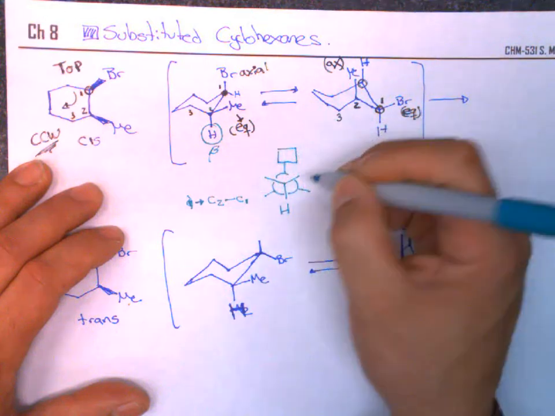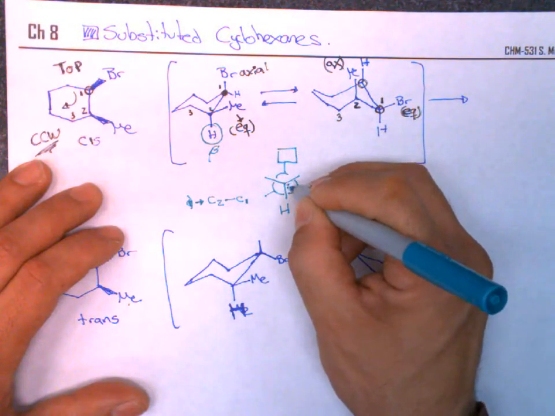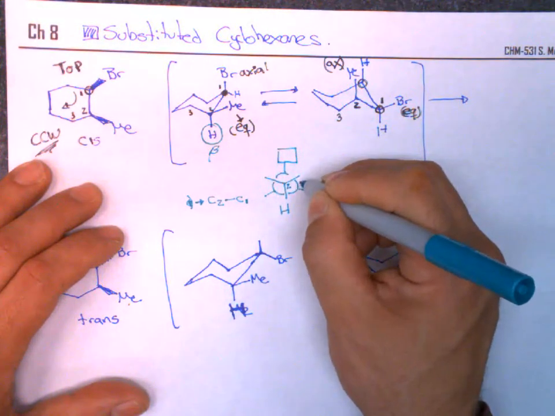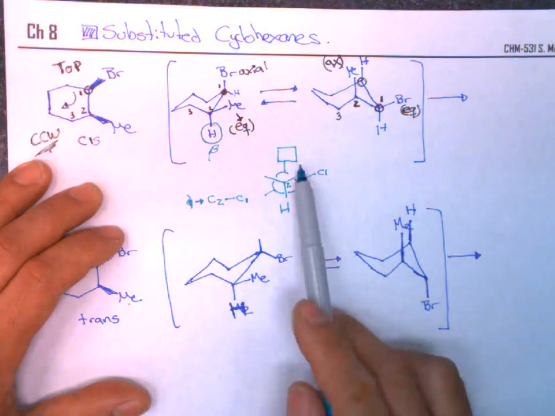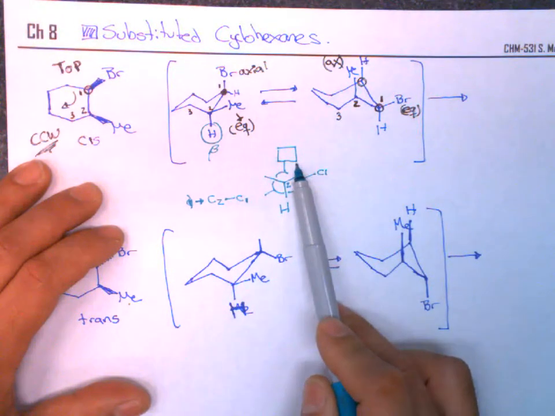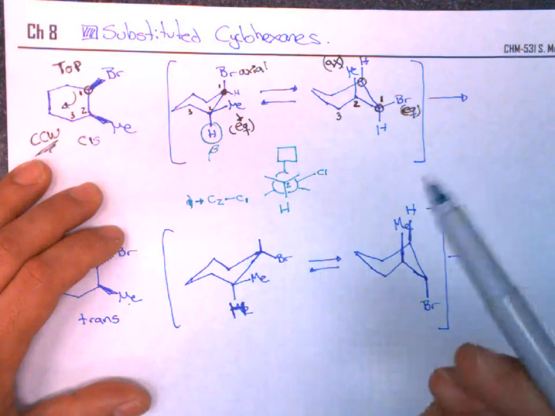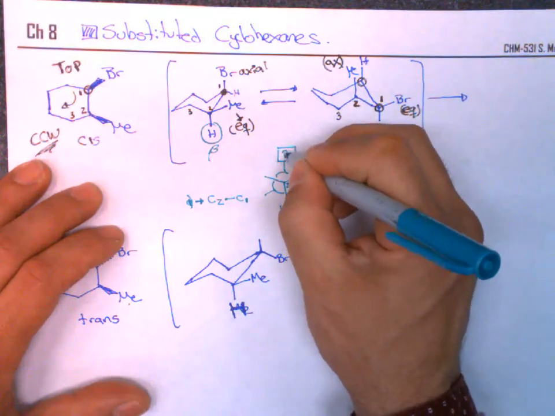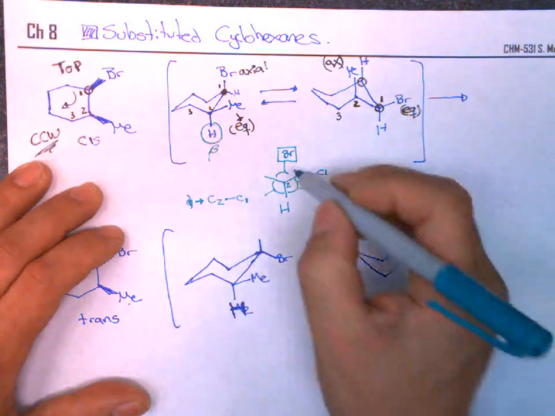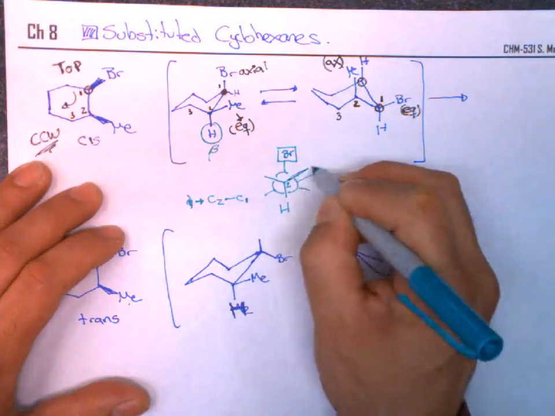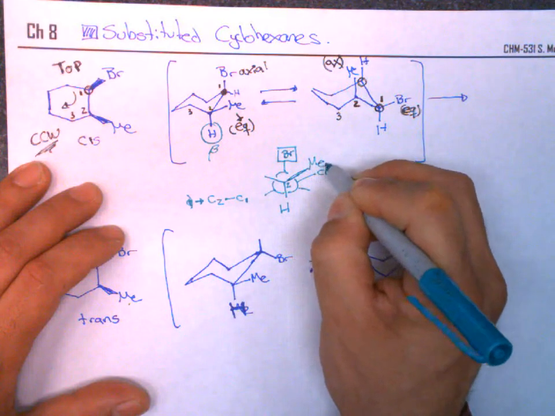What is here on top? This is carbon 2. On the back, we have carbon 1. What do we have here on top? Bromine. I hope you're able to see that. Now, our methyl group is this one right here.